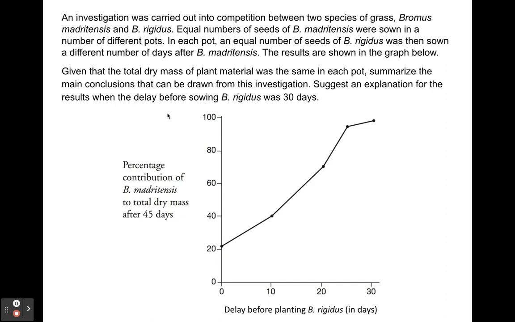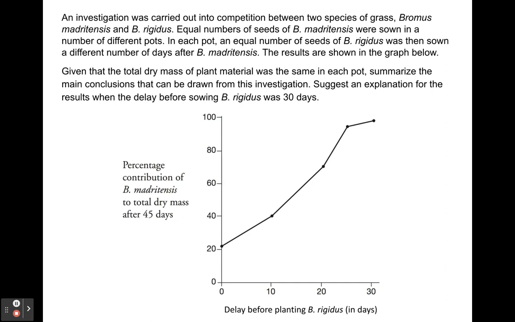So given that the total dry mass of plant material, now that would be at the end of the 30 days, they measured the total mass, the biomass of the grasses that had grown. So given that the total dry mass of the plant material was the same in each pot, summarize the main conclusions that can be drawn from this investigation.